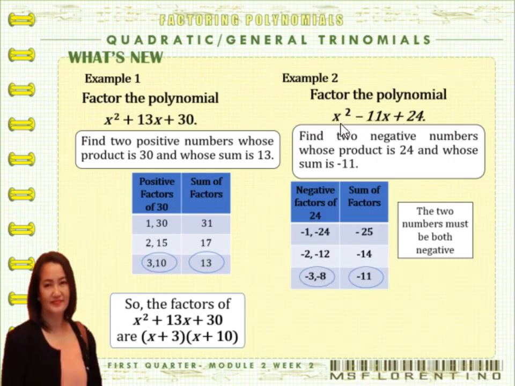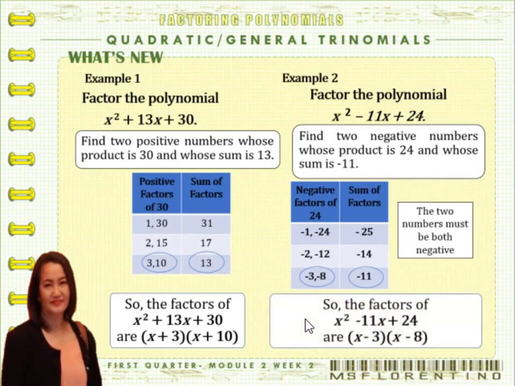Since the coefficient of x squared is 1, the first term will be x and the second term will be negative 3 and negative 8. So the factors of x squared minus 11x plus 24 are x minus 3 times x minus 8.